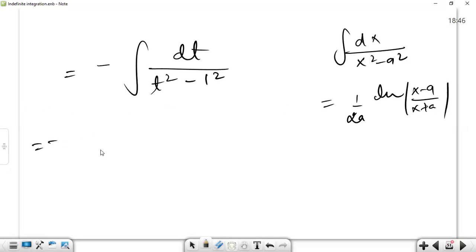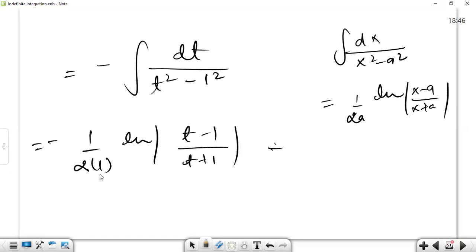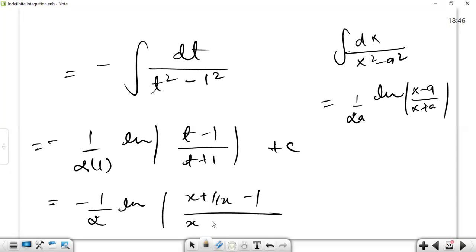We'll apply the same: 1 by 2a is 1 by 2, logarithm of mod of (t minus 1) by (t plus 1) plus c. We will back substitute the value of t. The t was x plus 1 by x, so it is (x plus 1 by x minus 1) by (x plus 1 by x plus 1) plus c. So this is our answer. Let me check whether the answer is correct or not. Yes, it is correct.